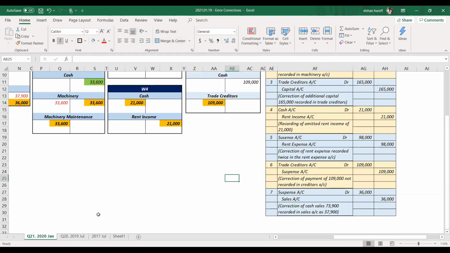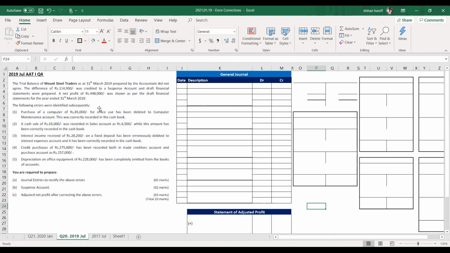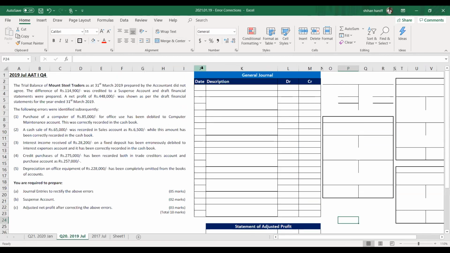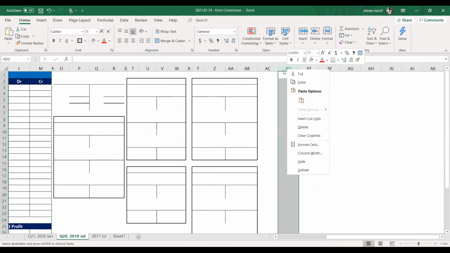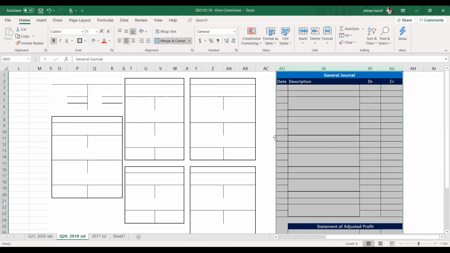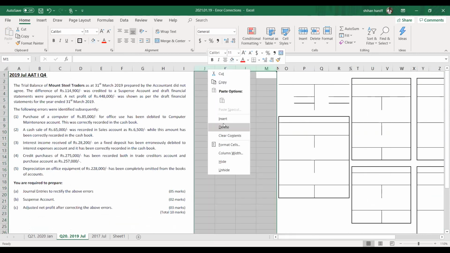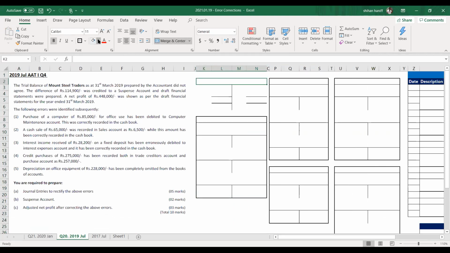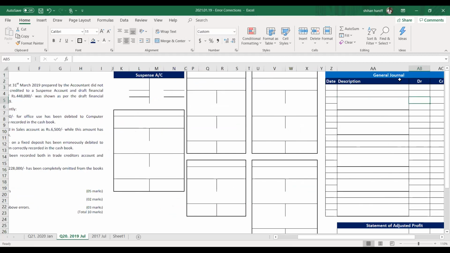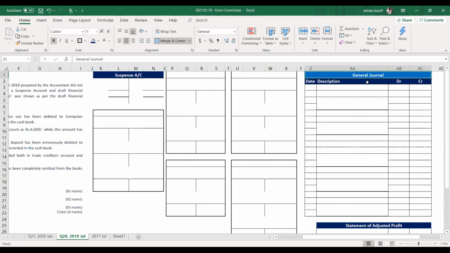Right. So let's do question number 20. In the suspense account and the general journal.